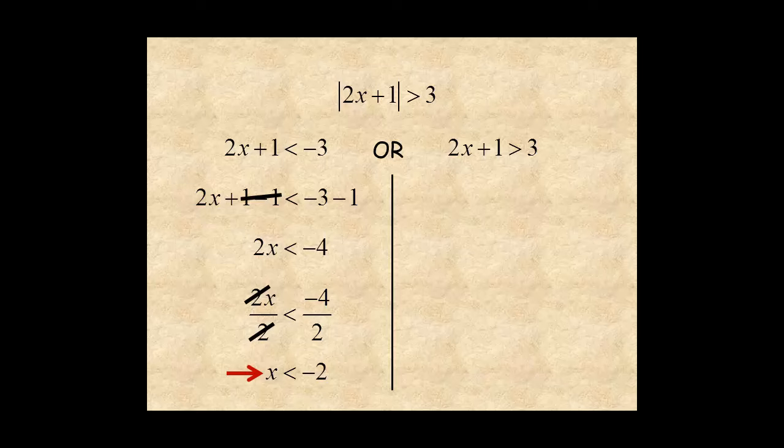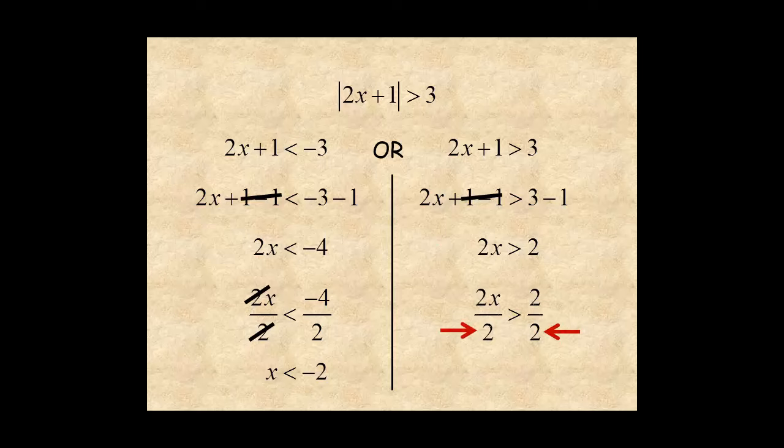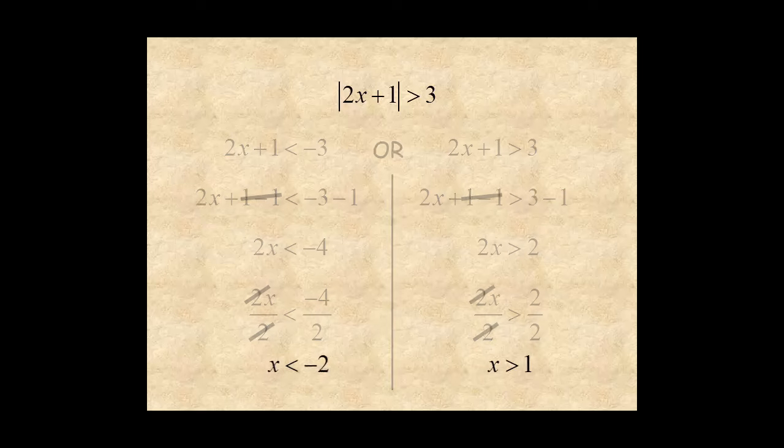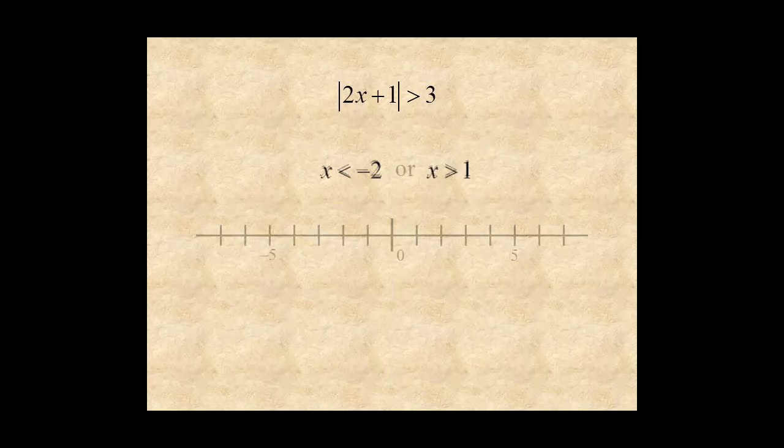On the right, subtract 1 from both sides for 2x greater than 2. Then divide both sides by 2 for the second part of the solution, x greater than 1. And the solution to the inequality is all the numbers less than negative 2 or greater than 1.